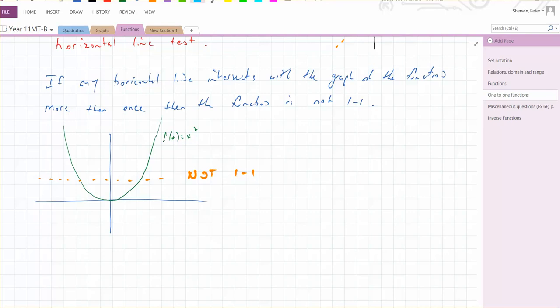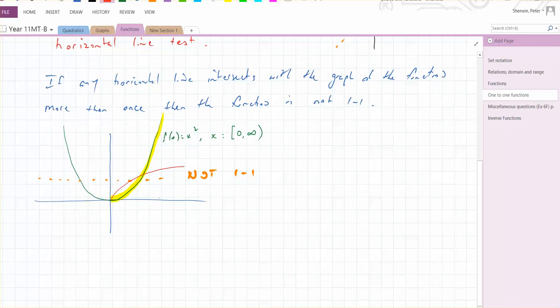However, we could be very clever and define it just over a domain that means it does pass the horizontal line test. I could say that x is only defined from 0 to infinity. Therefore it's just this part of the y equals x squared curve. It passes the horizontal line test, and its inverse will look something like this, so its inverse will be a function.